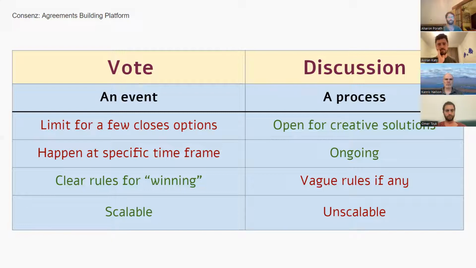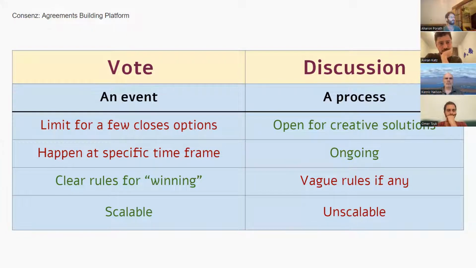In a vote, we can choose from a few closed options, if it is to choose a person for some role, or which project will be funded, or other options that we need to choose from. While discussion is open for solutions that cannot be taken into account at the beginning of the process. There is a place for creative thinking.